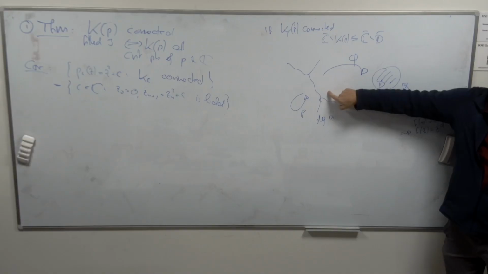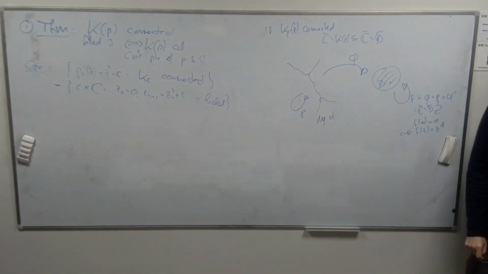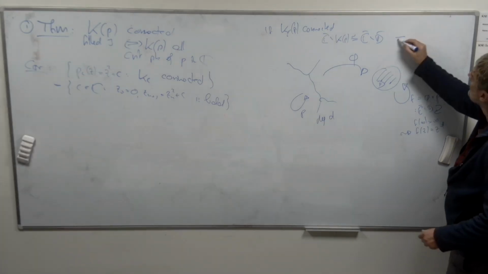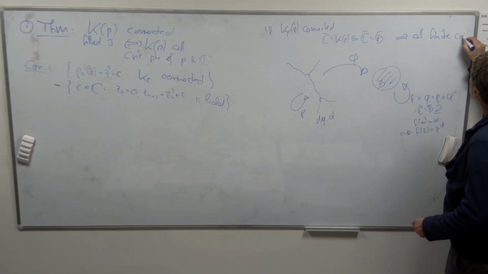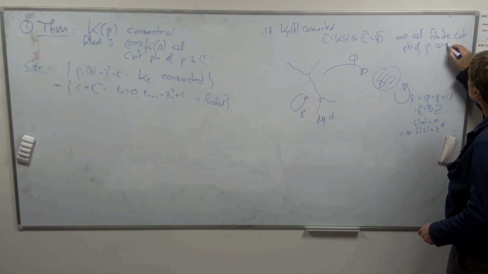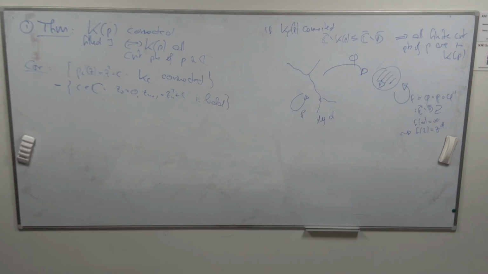Therefore, there is no critical point there. All finite critical points of P have bounded orbits. So we need that infinity goes to infinity.